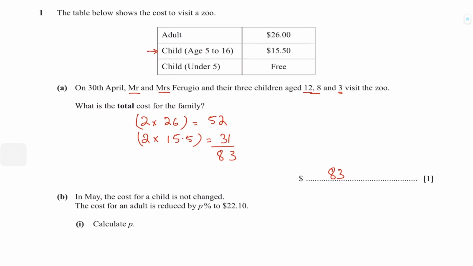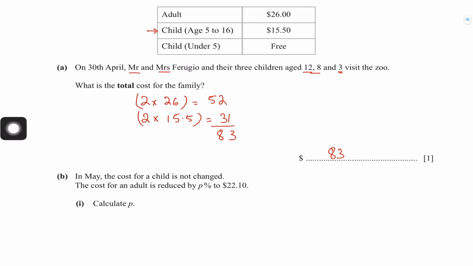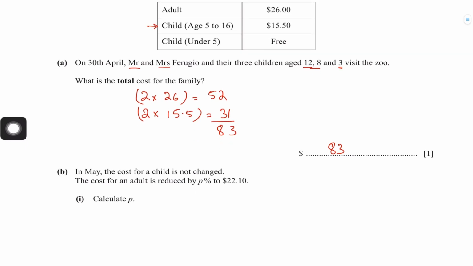Alright, let's work out part B, which says in May the cost for a child is not changed. The cost for an adult is reduced by P% to 22.10. So the cost from $26 has now been reduced to 22.1. We know that the original cost, which is $26, is equal to 100%.